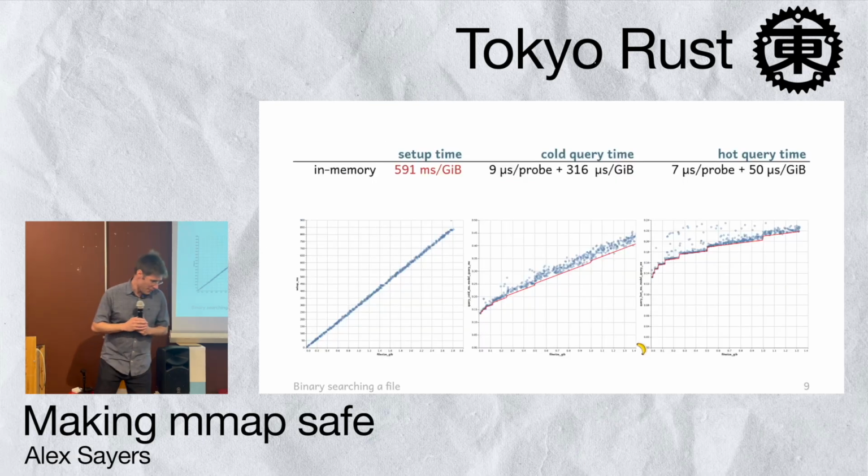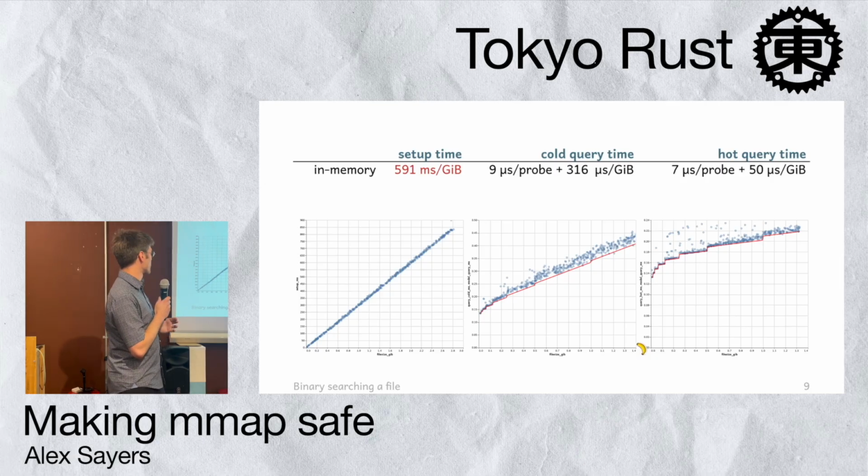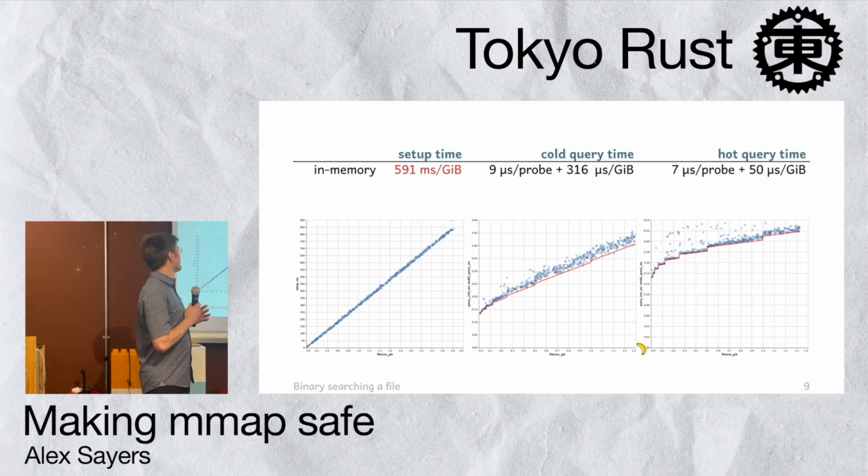Here's the first version. Unsurprisingly, the setup time is proportional to the size of the file. This 600 milliseconds per gigabyte is basically measuring the read speed of my SSD. But then once the contents are loaded into memory, assuming you can load it into memory, the query times are very fast.